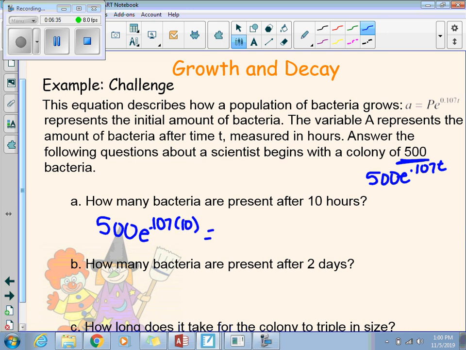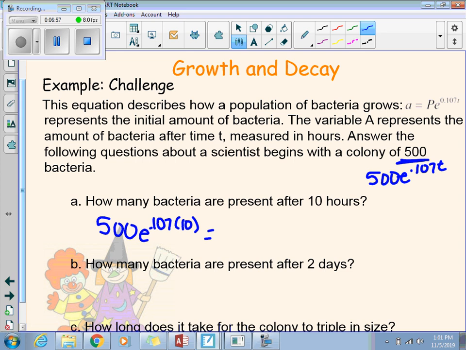Your calculator will do the work for you. E is a button on your calculator. So you just find that button there and click it. It is right under the log and above the LN. It's the blue there, so you'd hit second LN to get it.